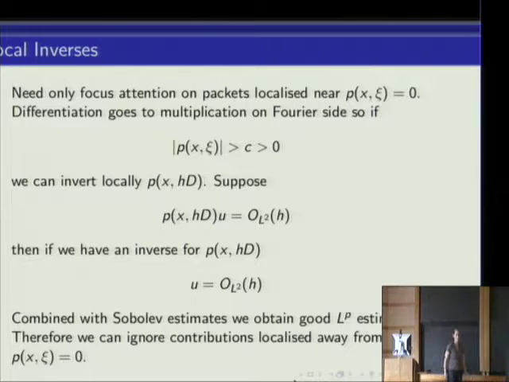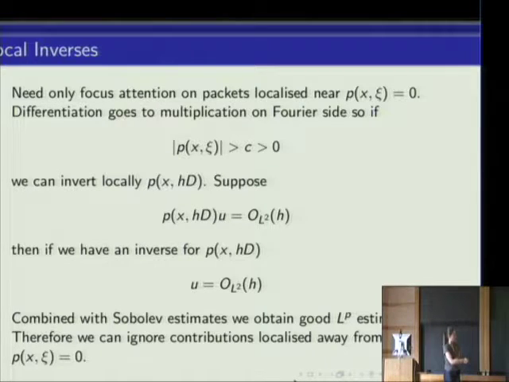So firstly, we're going to do one major reduction, and that's we're only going to look where the symbol is 0. This is because we can invert it when the symbol is bounded away from 0. So if you think about going this Fourier method, if p only depended on xi, and it was bounded away from 0, we could invert on the Fourier side, so we can definitely invert on the spatial side. That can be extended to these semiclassical pseudos.